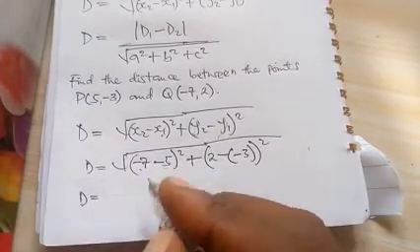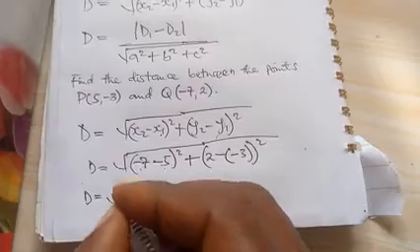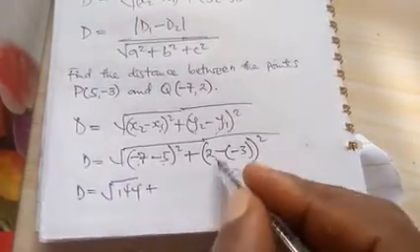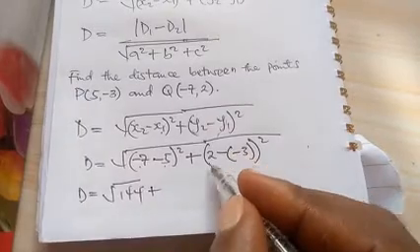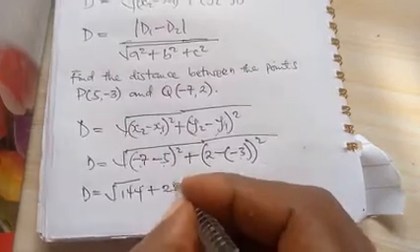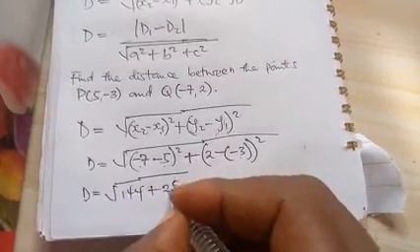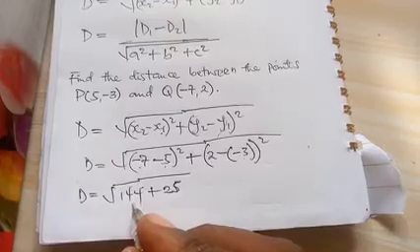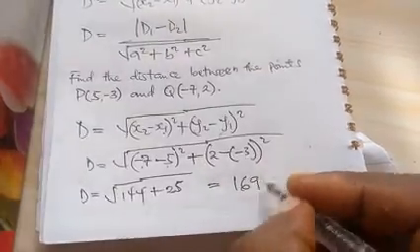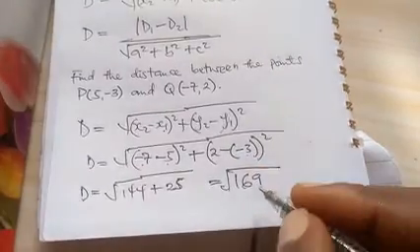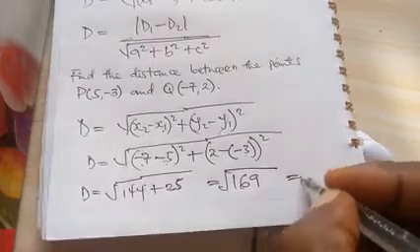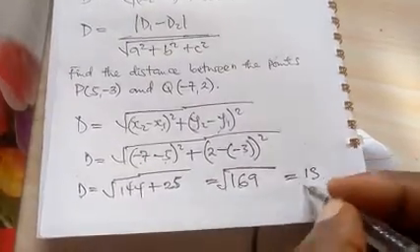Minus 12 squared gives us 144. Plus, minus times minus is plus, 2 plus 3 gives us 5, and 5 squared gives us 25. So 144 plus 25 gives us 169. That's the square root of 169, and the square root of 169 gives us 13.